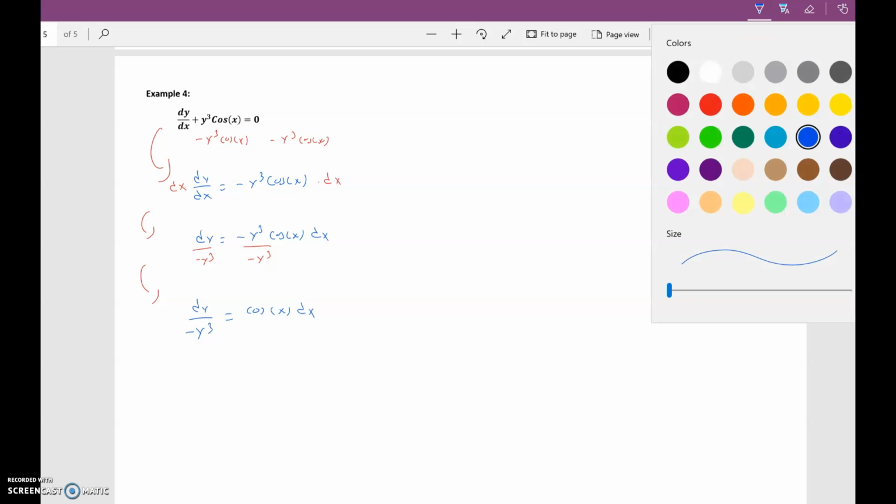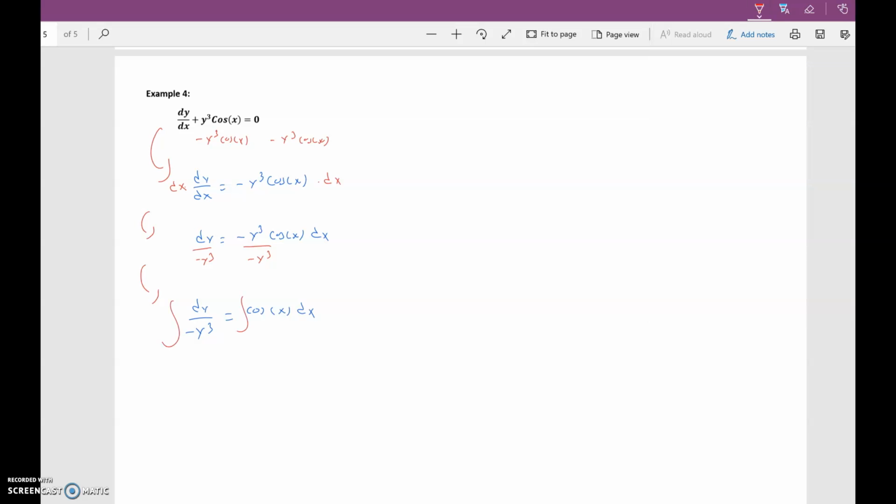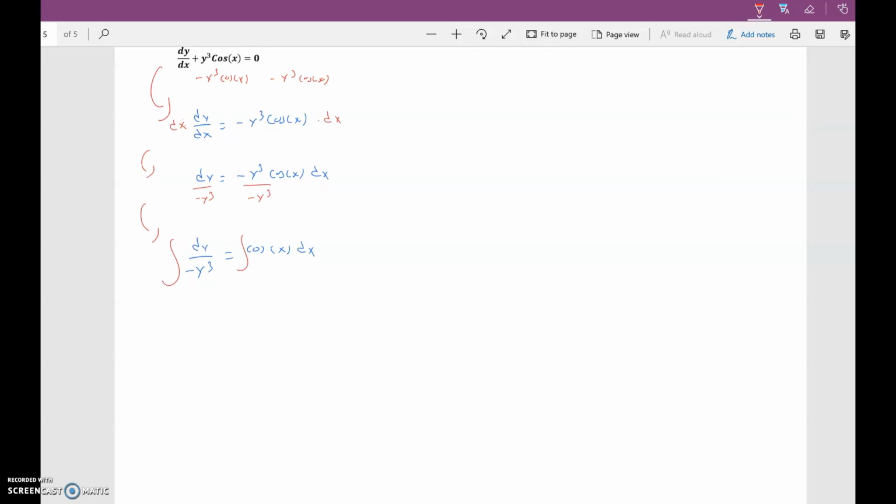So at this point, let me actually integrate both sides. On the right hand side, I'm just going to leave it as the values of sine of x plus c. On the left, we technically have a negative y to the negative 3. You're adding the 1, and technically negative 3 plus 1.